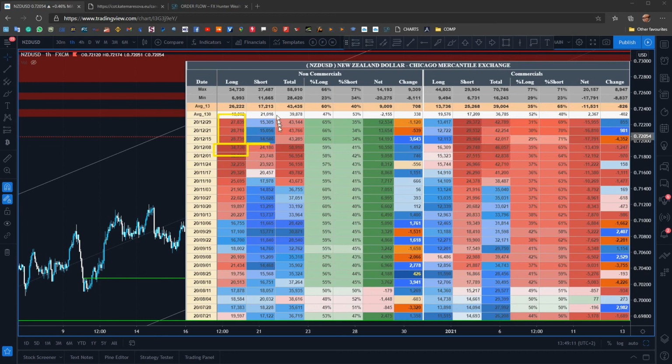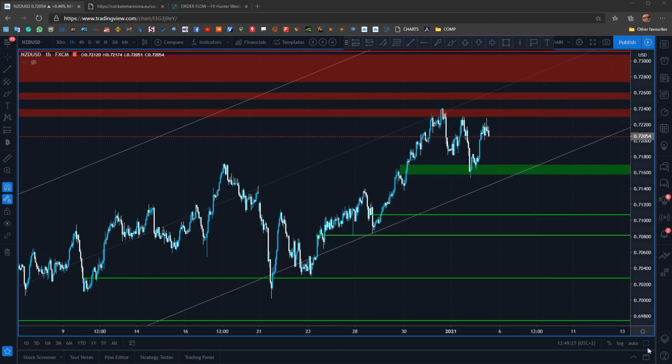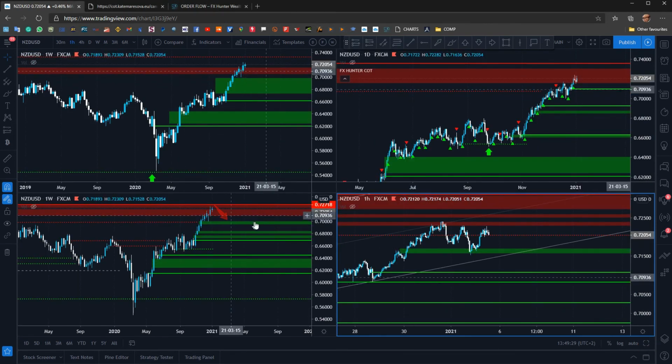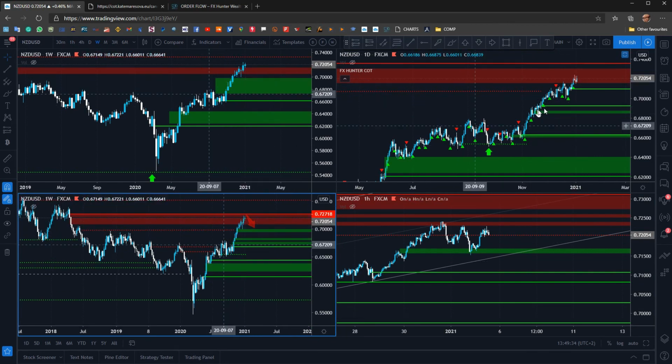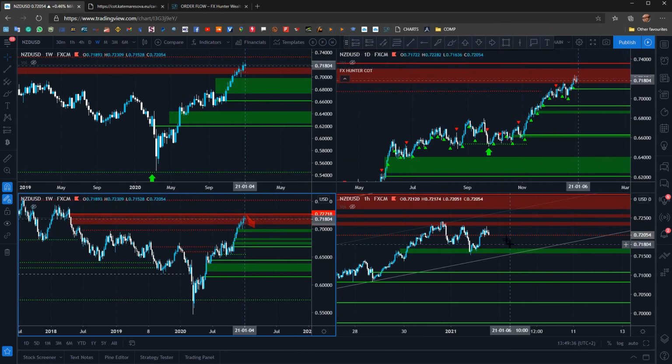We are seeing that they dropped the shorts as well, but still it's bullish. And if you look at the commercials, they started to short actually in here, right? So the selling could come in here, and it could bring some corrective moves from this weekly level, right? I don't know how big it's going to be, but I think we could see some short-term short.